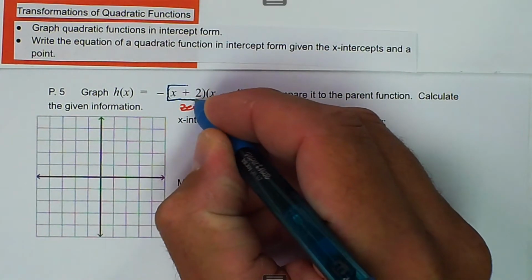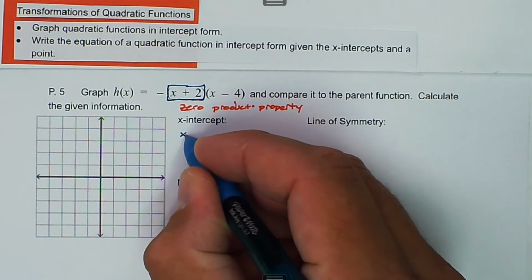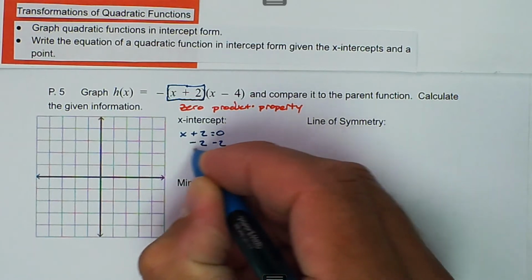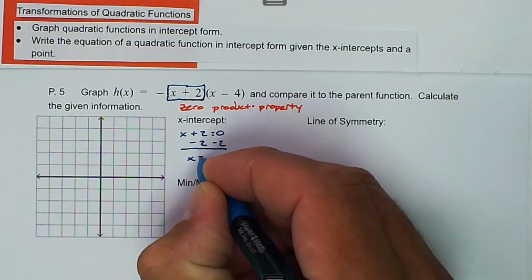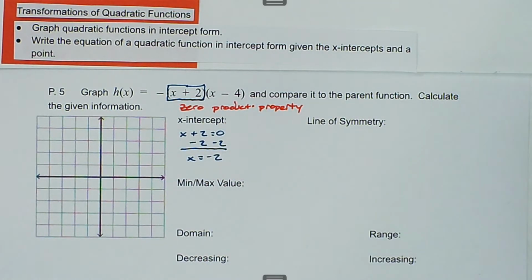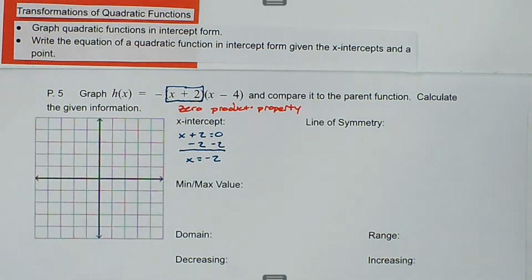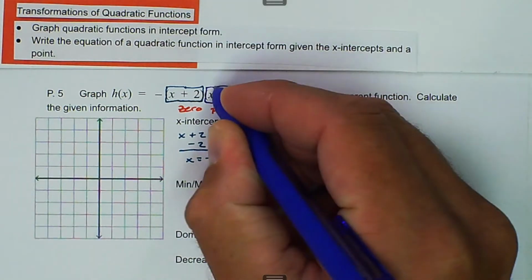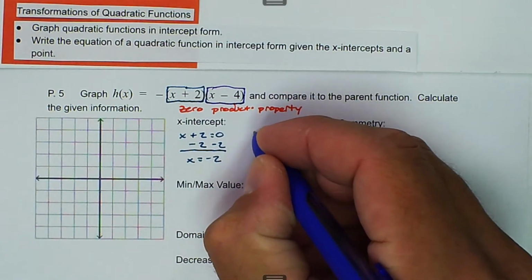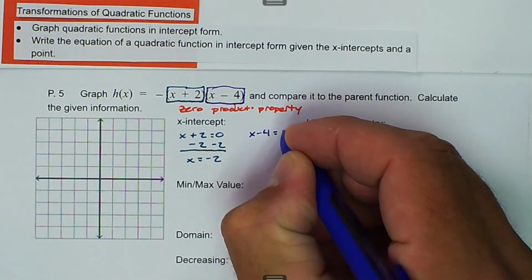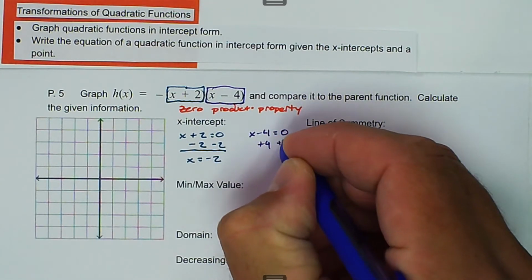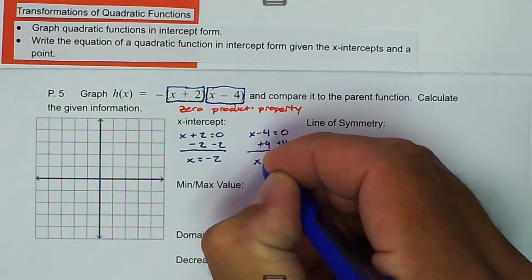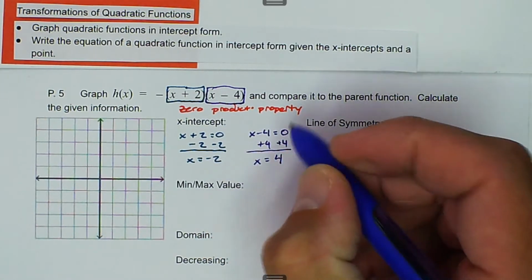So the first one we can take is we set x plus 2 equal to 0, and we subtract 2, and then we get x is equal to negative 2. Next one we can look at is the other factor, and we get x minus 4 is equal to 0, so we add 4 and add 4, and then we get x is equal to 4.